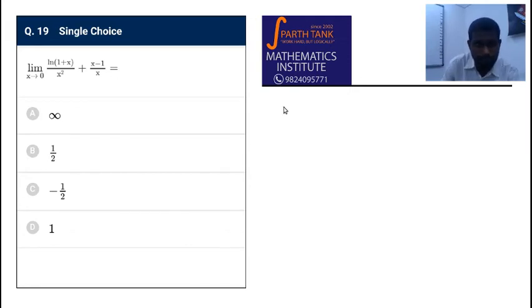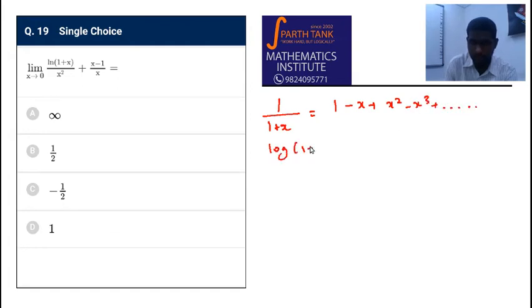Okay. Now this is very simple if we know the series for log 1 plus x. It is easy even if you don't know. You know that 1 by 1 plus x is 1 minus x plus x squared minus x cubed and so on. If you integrate both sides, you get log of 1 plus x. How do I get this? This is a geometric progression with a 1 and r minus x. So you know the sum to infinity is a by 1 minus r.